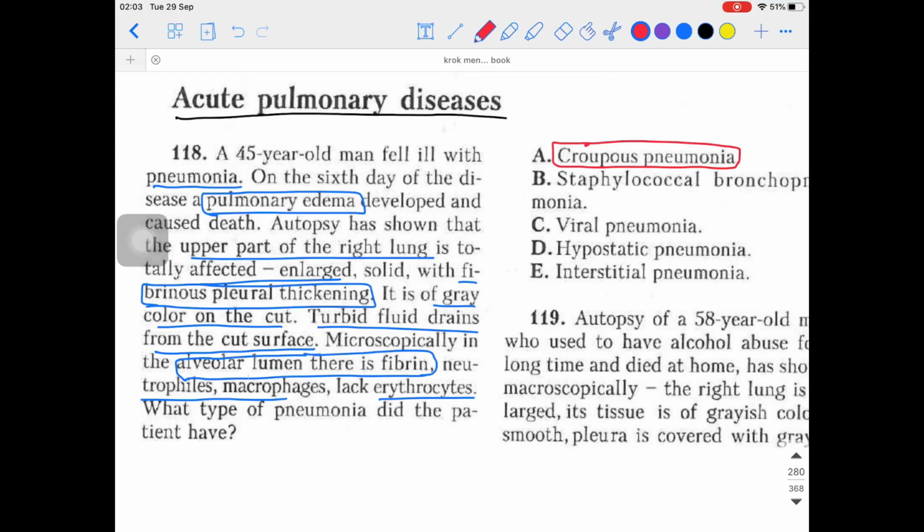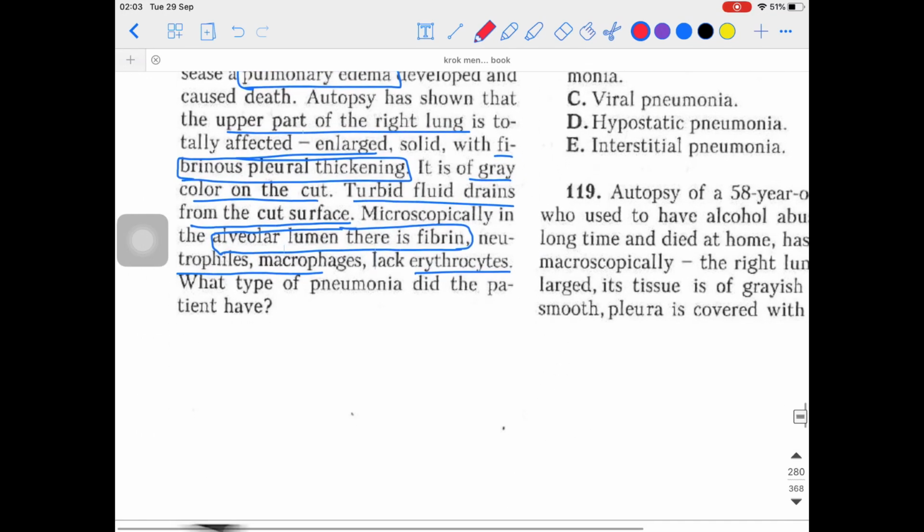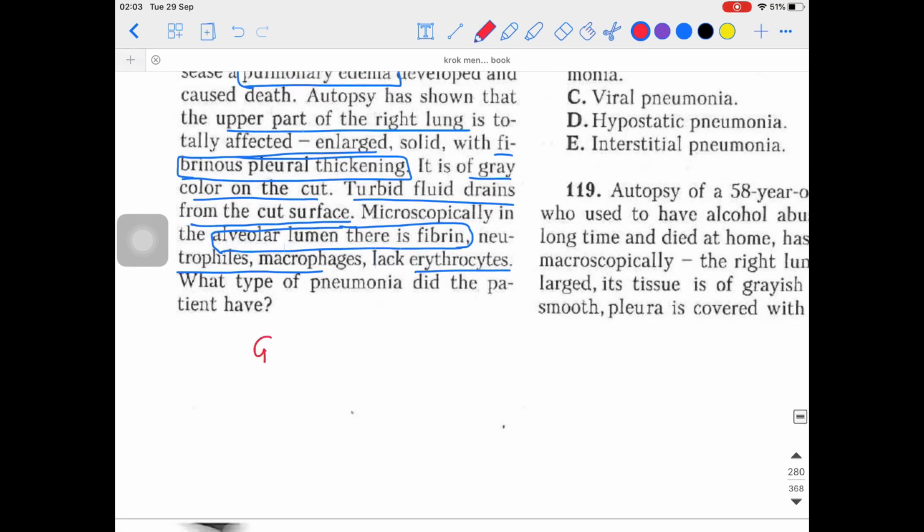So which kind of stage are they talking about? If they are talking about the Croup-Bush pneumonia or the lobar pneumonia, they are talking about the gray hepatization. Why am I saying that? Because they mentioned the fibrin, the fibrinous suppurative exudate.